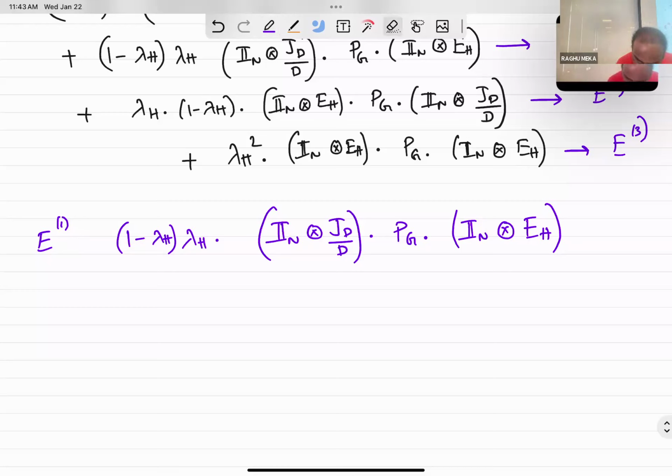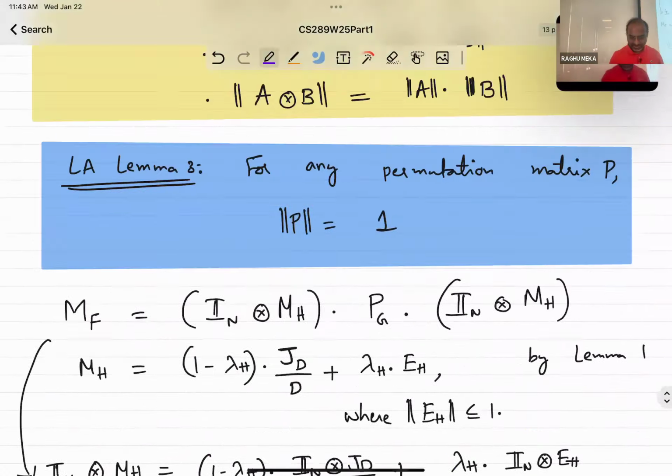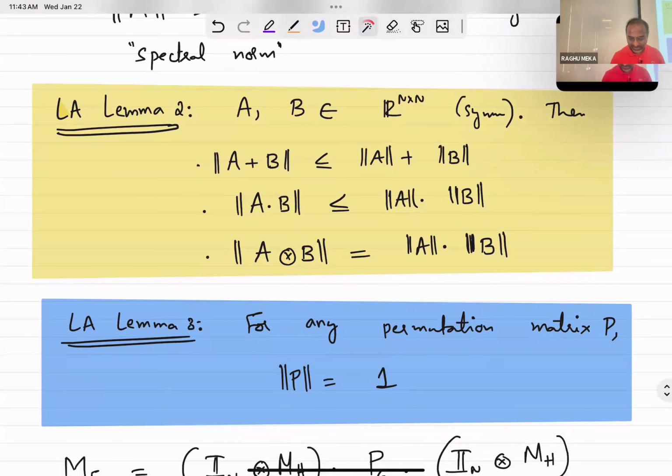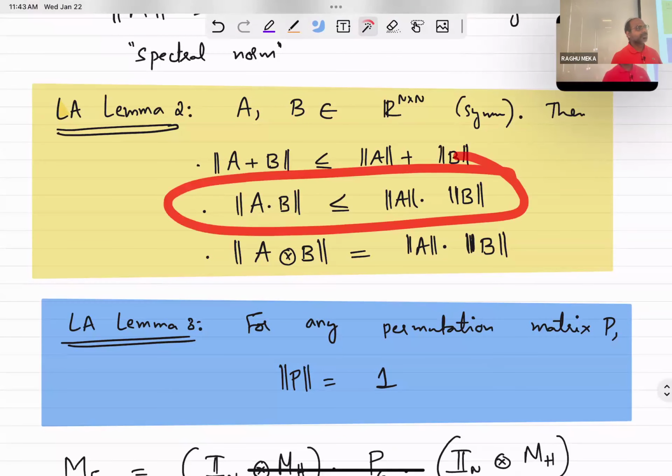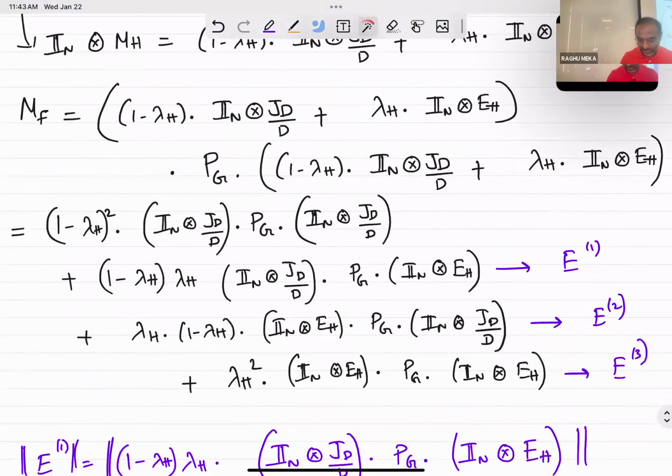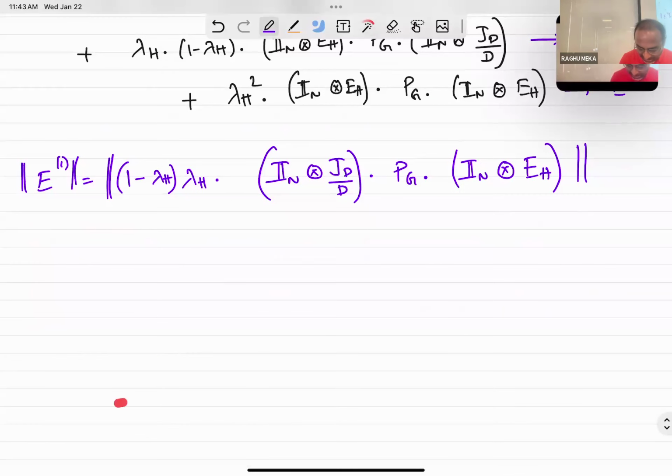So if I put the spectral norm here, any suggestions on how I might proceed to manipulate this? We don't have to be too inventive here. In some sense, we already won because we have this (1 minus lambda h) times lambda h. And we're just going to use this inequality, that the spectral norm only multiplies, or you can upper bound it.